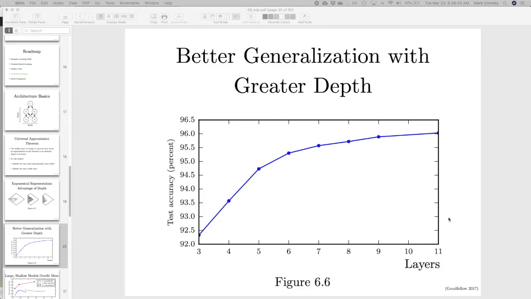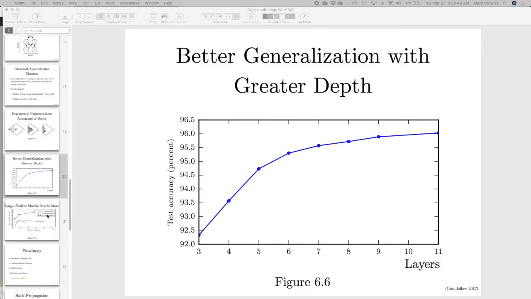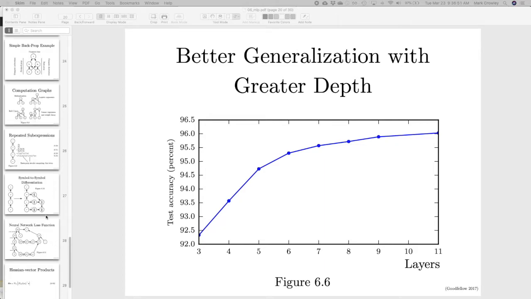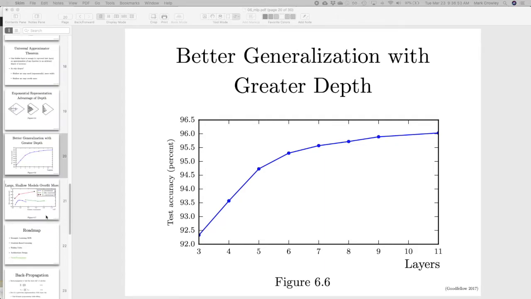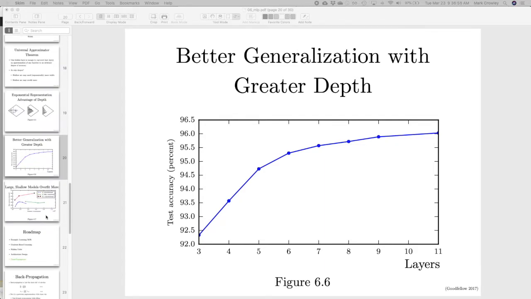Generalization is kind of the reverse of overfitting, right?